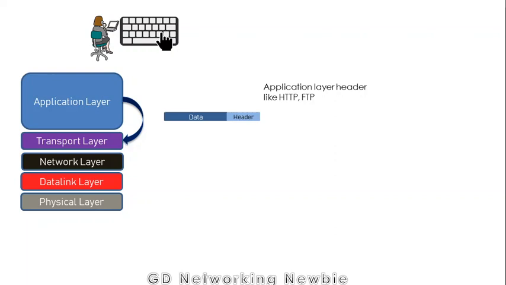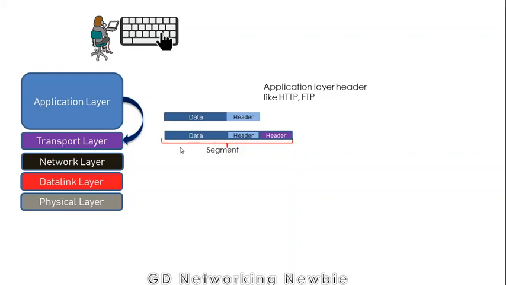The transport layer receives this complete information, data plus header, and adds a header by itself on top of that. So you see, this is the header from the application layer, and this, from the color, is the header from the transport layer. And we call this a segment.